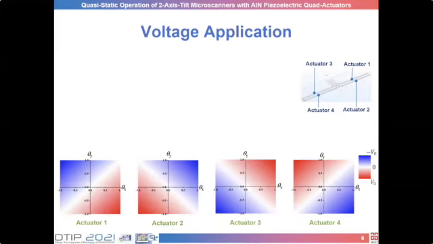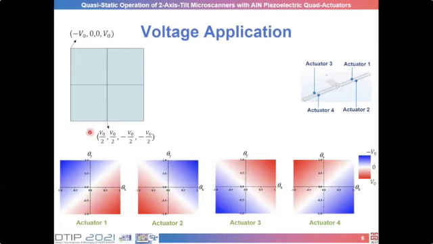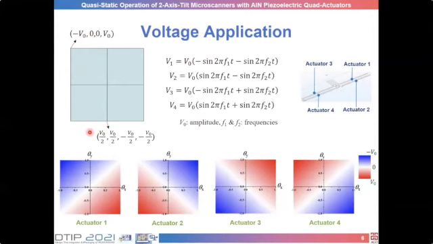The blue color indicates the negative voltage, and the red color indicates the positive voltage. For example, if you want to scan to this corner, then this voltage combination can be used. And if you want to scan to here, then this voltage combination can be used. Eventually, the 2D scanning has to be carried out in a continuous fashion. So these voltage applications were developed.